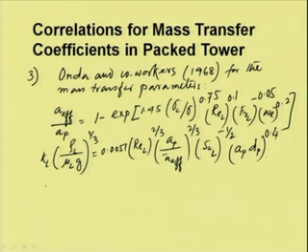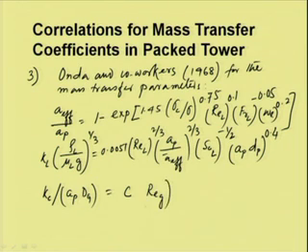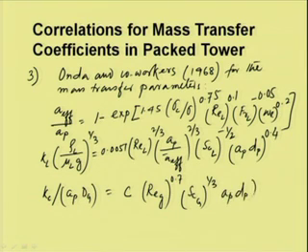Another correlation for Kc divided by Ap Dg is equal to C, a constant, Re g to the power 0.7, Schmidt number to the power 1/3, Ap dp to the power minus 2.